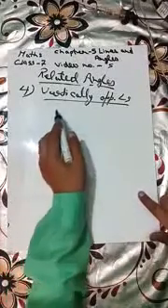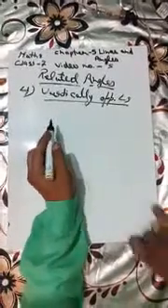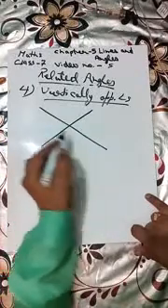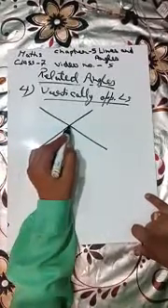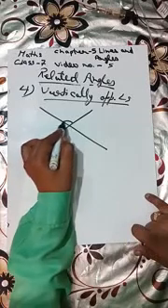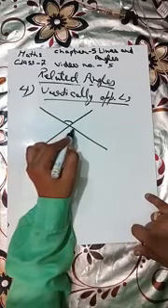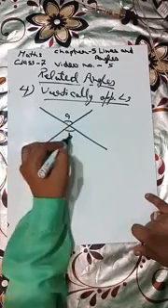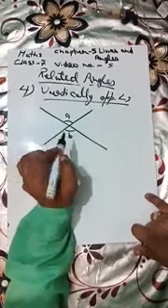Now next is vertically opposite angles. See, when two lines or two line segments intersect, they always intersect at a single point. When they intersect, we get two sets of opposite angles, like here A and B. This A and B are called vertically opposite angles.